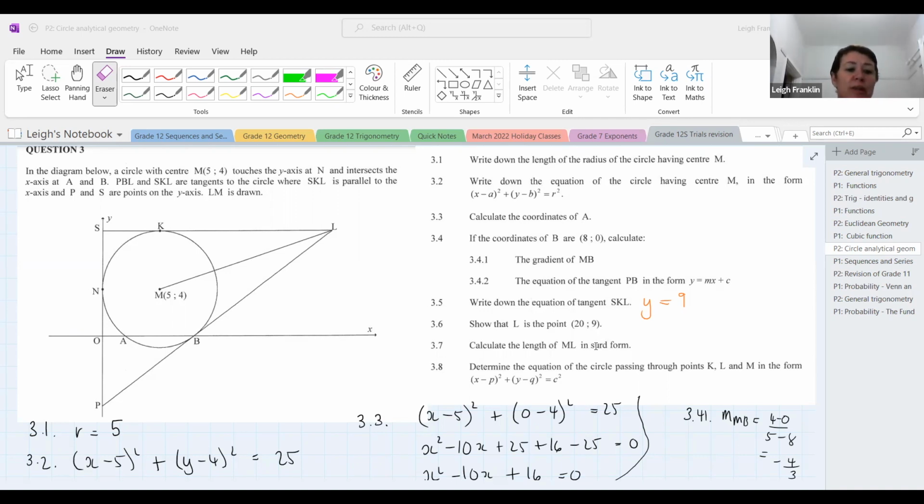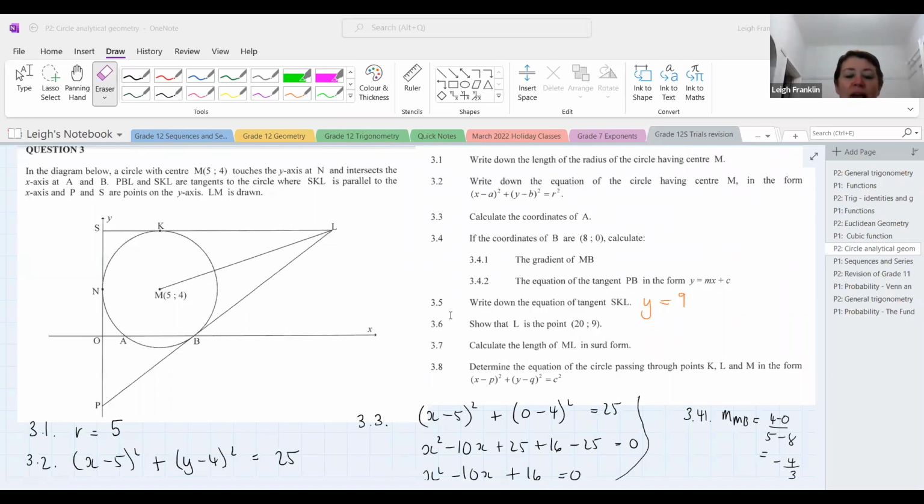You're just literally going to add 4 and 5 together in your head and write down the answer only, for 2 marks. Yes, in this case, yes. Good. All right. So now they want us to show that L is the point (20; 9).